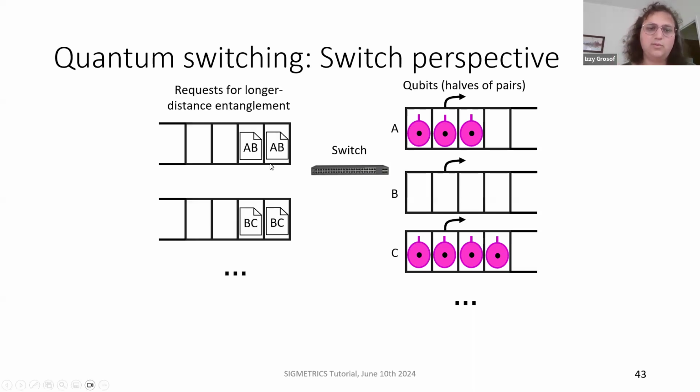Now, on the other side, we've got requests for longer distance entanglement. So maybe somebody's asked for an entanglement between A and B, and those are those queues, and somebody's asked for a long distance between B and C, and that's over here. Right now, the switch can't serve any of these requests, but if it manages to generate another qubit pair with B, it can now serve a request.